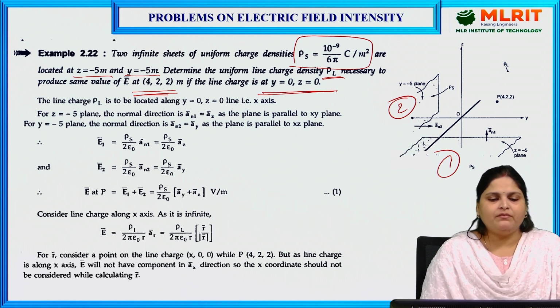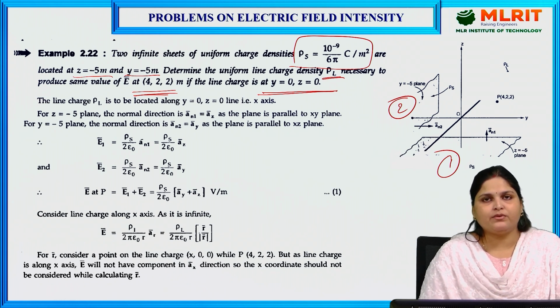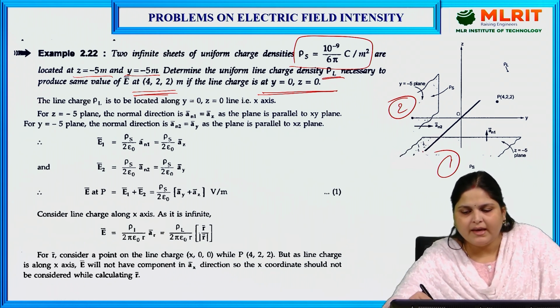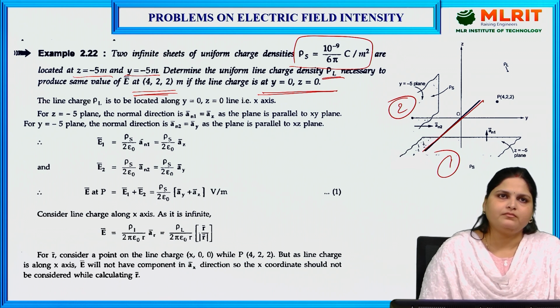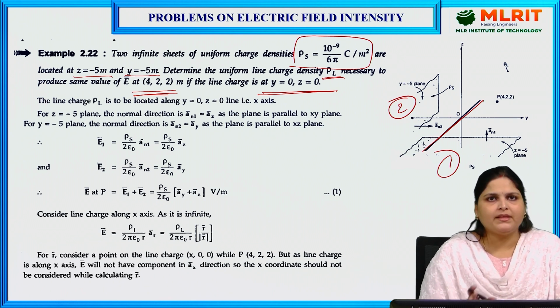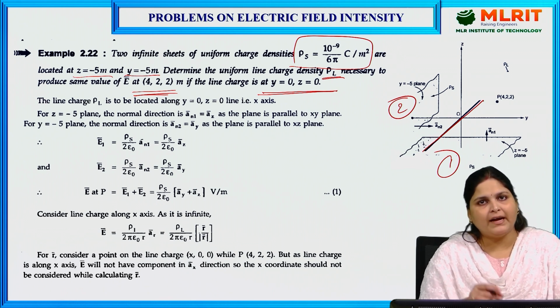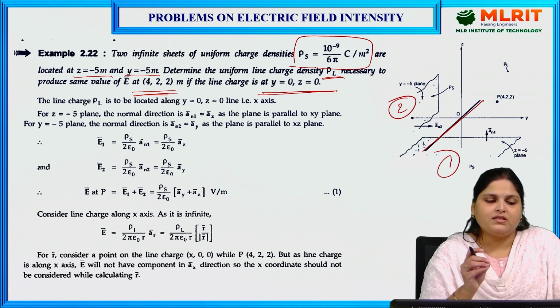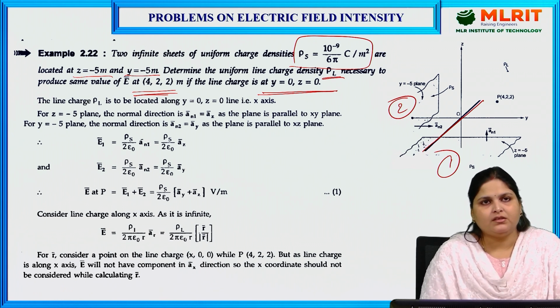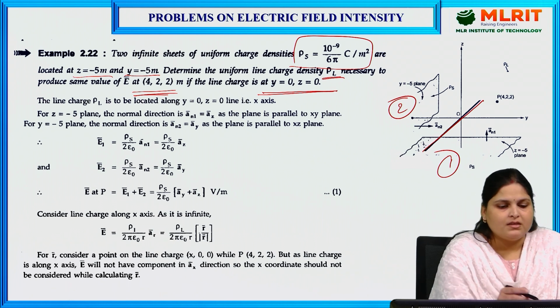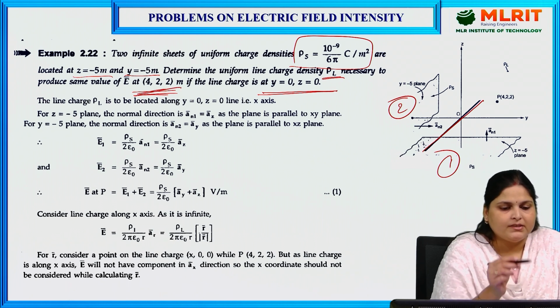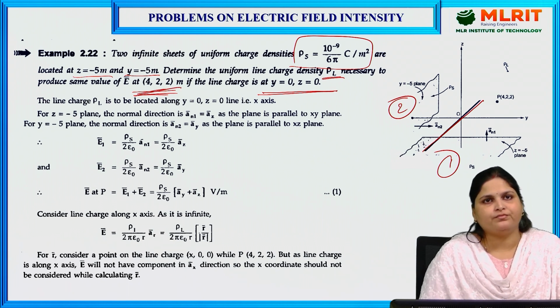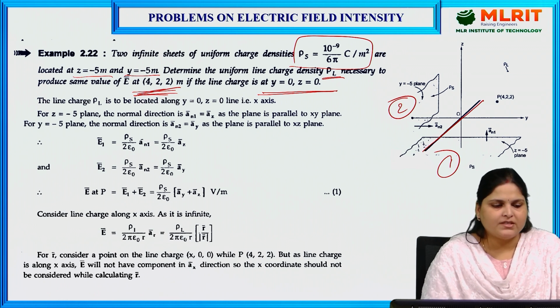They have given one line charge which is at y is equal to 0, z is equal to 0, meaning it is along the x-axis. So we need to find out rho L. They have not given it in the question. We have to find rho L, which will produce the same field at (4, 2, 2).